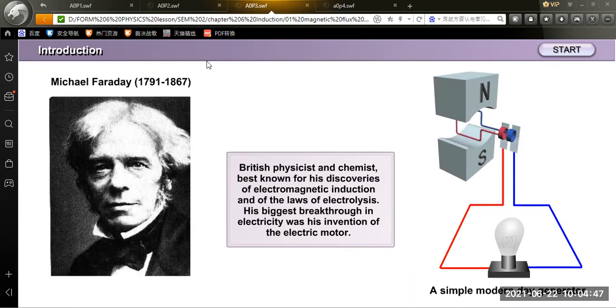His biggest breakthrough in electricity was his invention of the electric motor. Okay? So that means the motor and generator actually have the same structure. So when the coil is turning in the magnetic field, it generates electric current to light up the bulb.